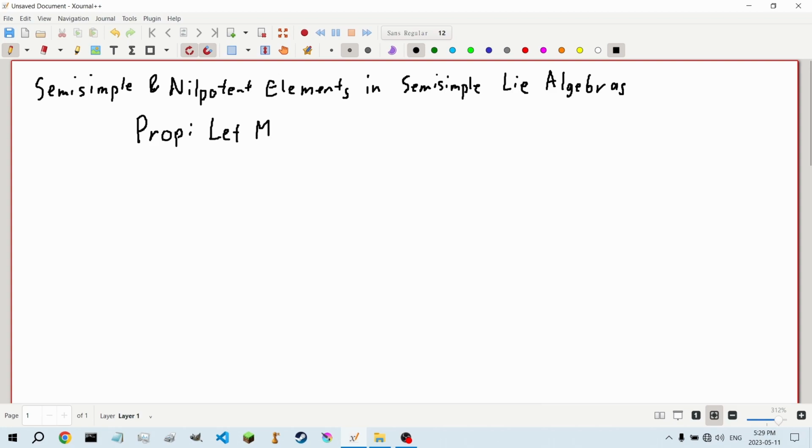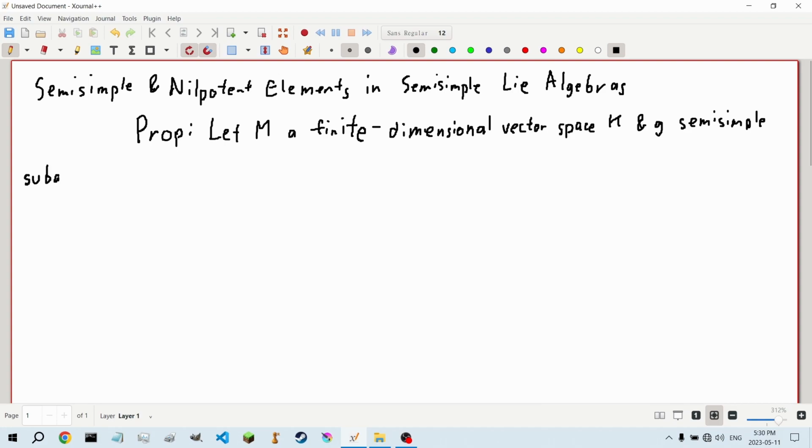Let M be a finite dimensional vector space over K, and G is going to be a semisimple subalgebra of the general linear Lie algebra of M. We're writing things out today because, as in another video, we have to go a bit slower.